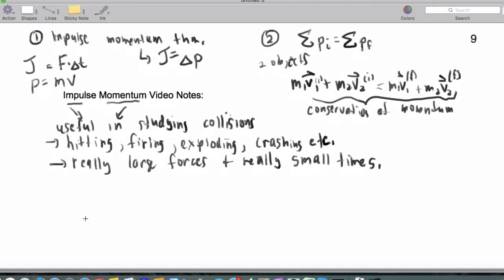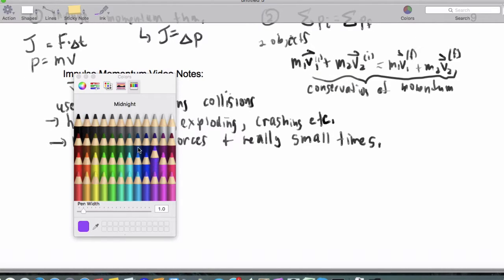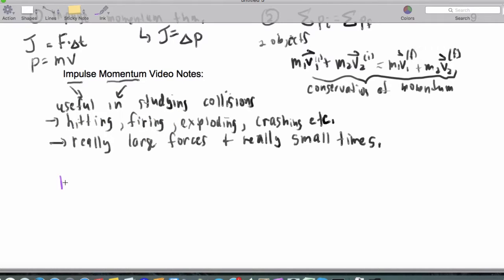And first, the impulse momentum theorem itself is another way of rewriting Newton's second law.